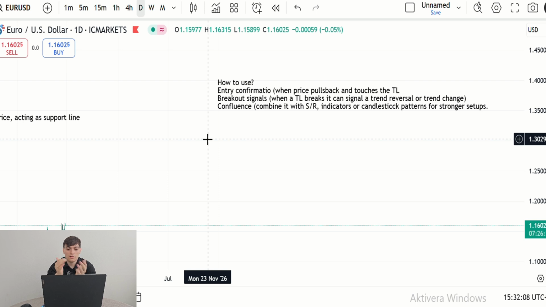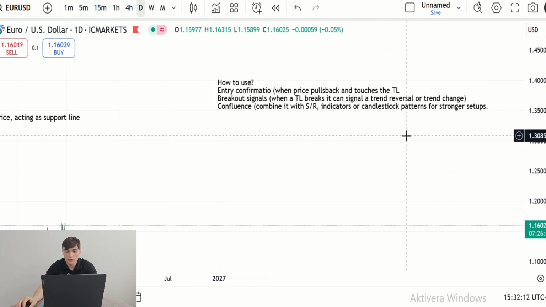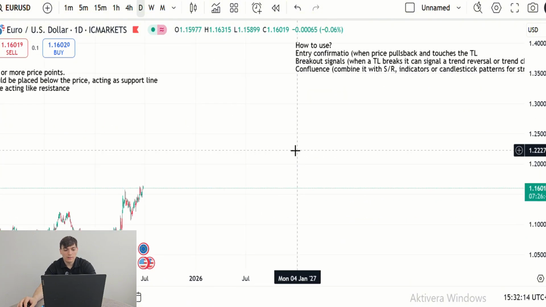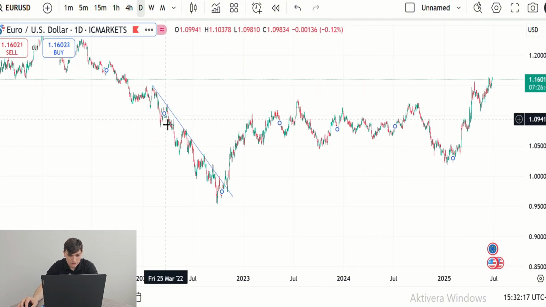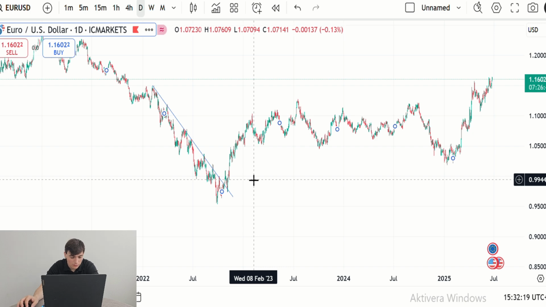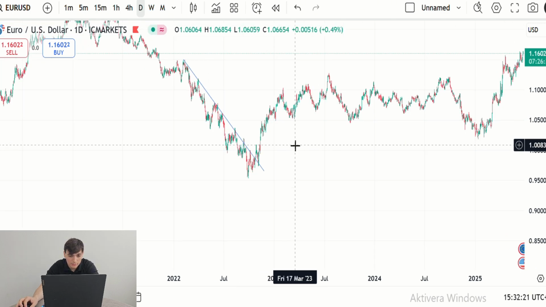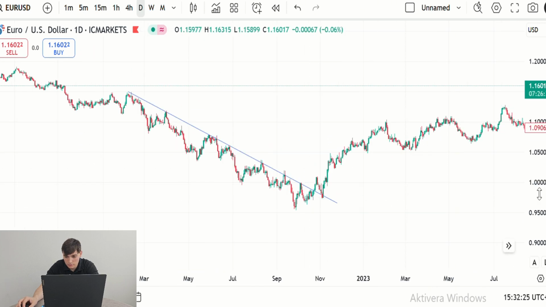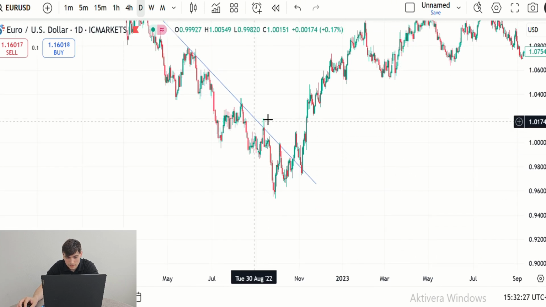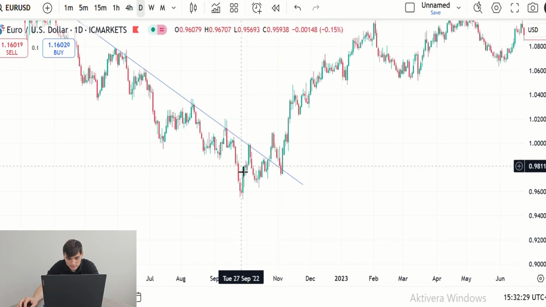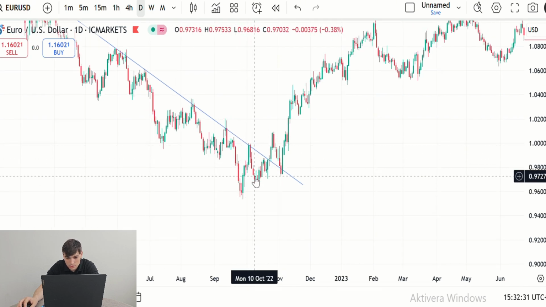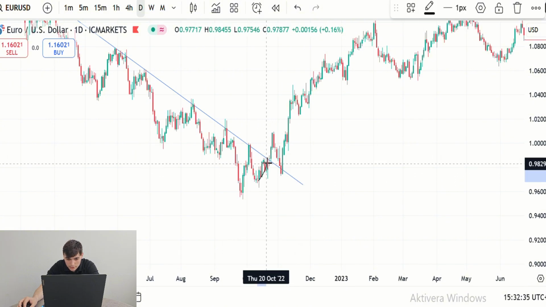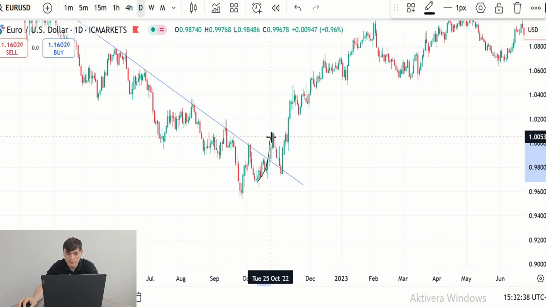Breakout signals. When a trend line breaks, it can signal a trend reversal or trend change. Now, in this downtrend, there is a clear example of a trend line breakout. As you can see, this was a downtrend. Then what does it do? Right here, it goes up, goes down a little bit, and here it breaks the trend line.